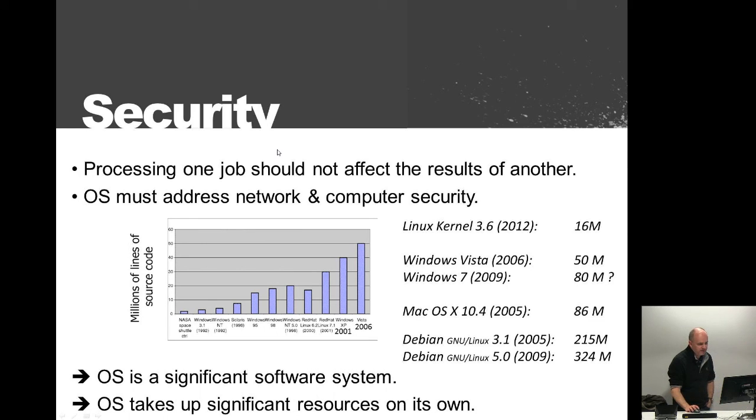If we look at the number of lines of code in operating systems, I didn't get figures after Vista, but it's going up. You can see that the space shuttle had an operating system with very few lines. And now, to get your Windows running, you need tens of millions of lines.